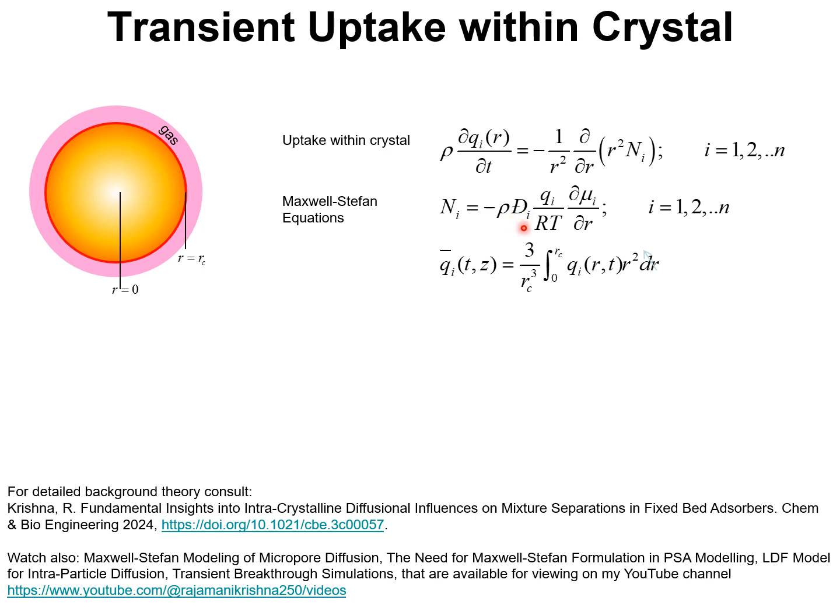formulation, where D sub i is the intra-crystalline Maxwell-Stefan diffusivity of component i, and mu_i is the chemical potential gradient. As stressed in several of my video presentations, for kinetic separations, it is essential to adopt the Maxwell-Stefan formulation.